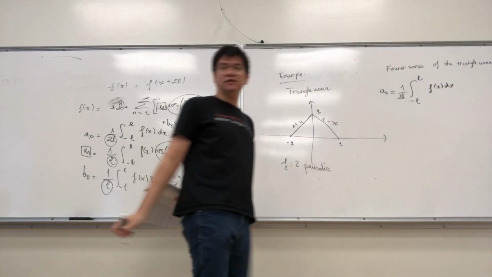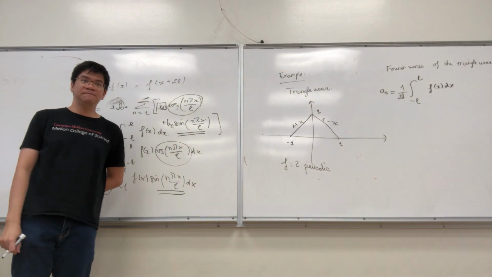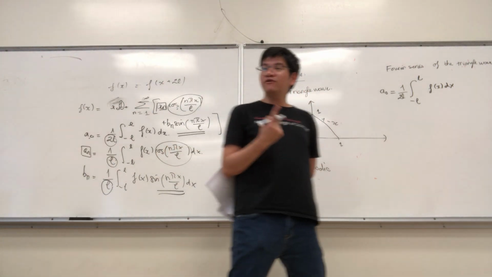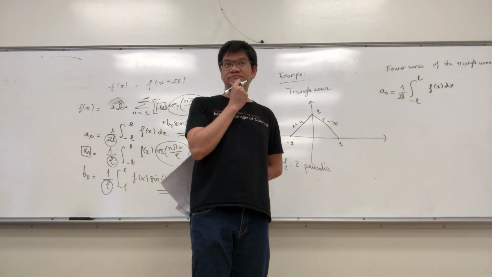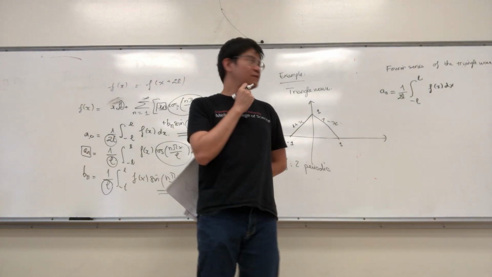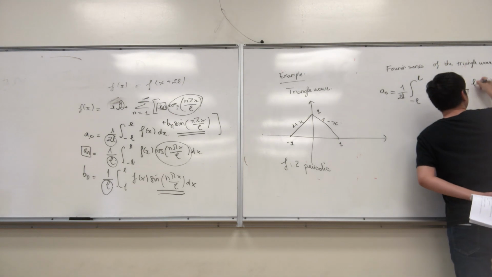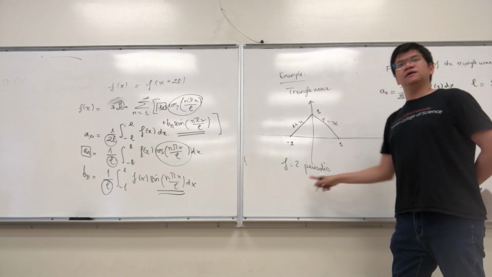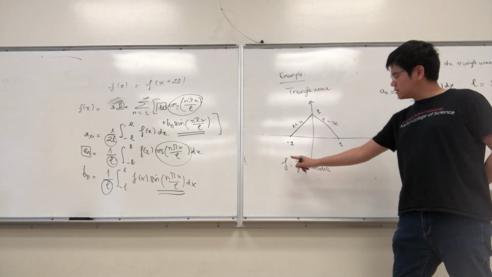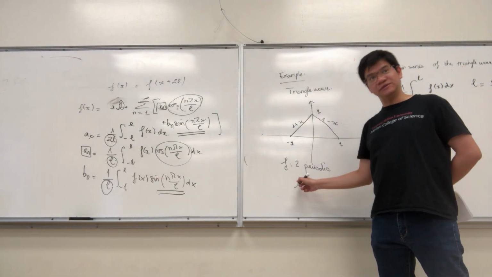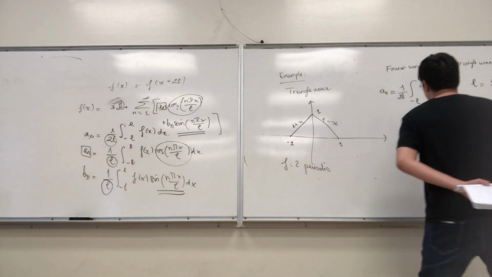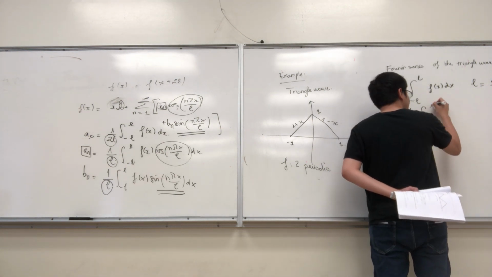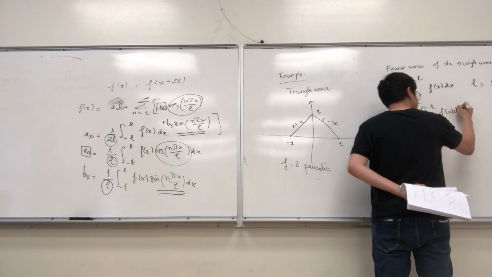This is the general formula. In this case, what is the value for L? L is 1. Because this is 2 periodic, normally the period is 2L, and so in this case L is 1. So I'm going to have 1 over 2, the integral from minus 1 to 1 of f(x) dx.